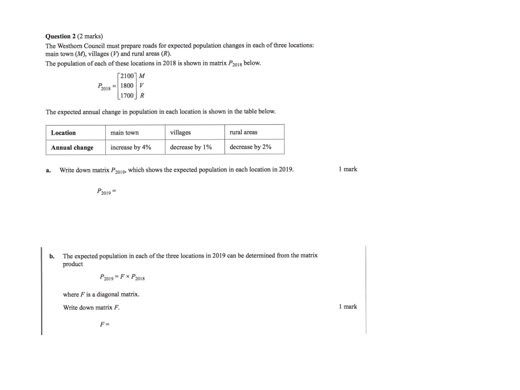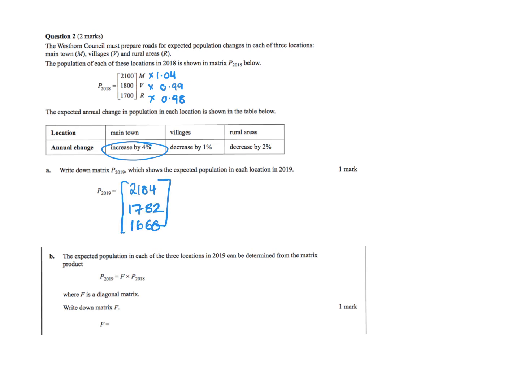So if you've got to increase main towns by 4%, that means you need to times this by 1.04. If you need to decrease villages by 1%, you need to times it by 0.99. I'm reducing it, and if I need to decrease rural areas, I'll need to times it by 0.98.